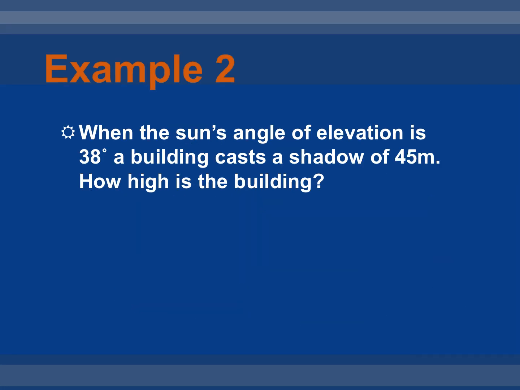This problem is really strange because, again, here's the sun, here's this horizontal line, and our angle of elevation here is 38 degrees. And so here's your building, right? So obviously it forms this right angle, but it talks about the shadow. And so the shadow would kind of go this way, which kind of drives me crazy here, but 45 meters.